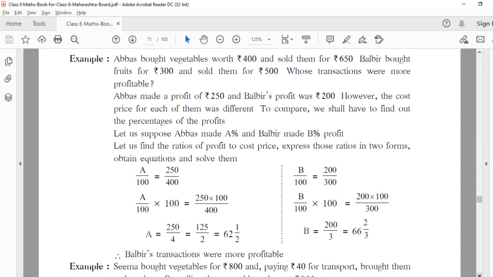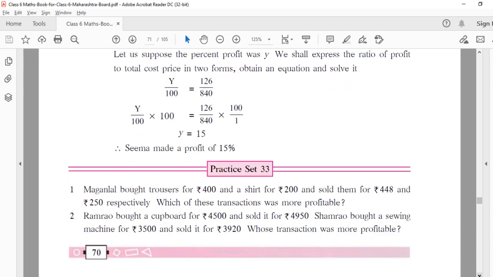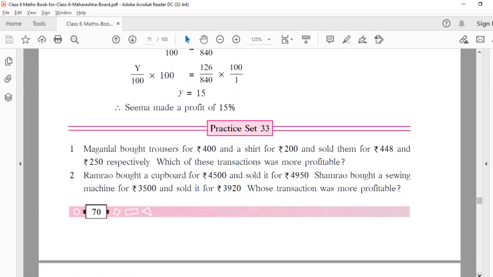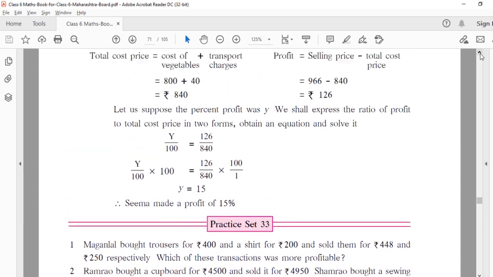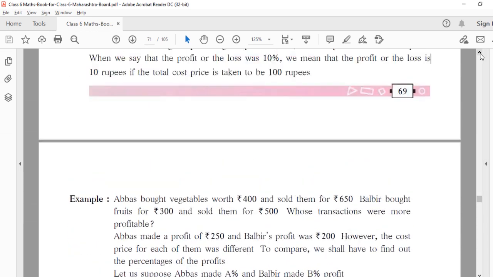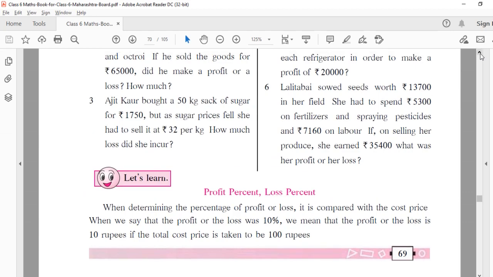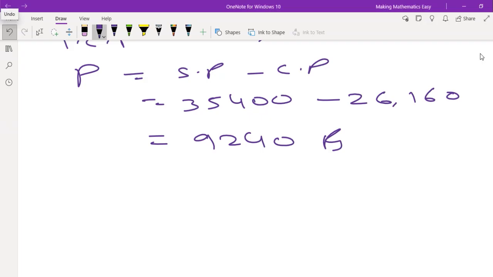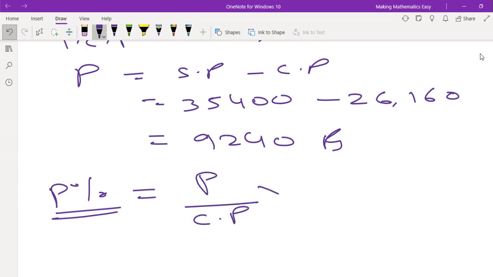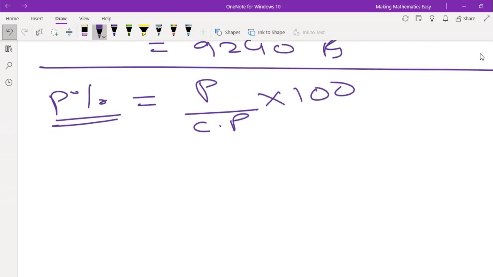So for your homework, I would like to give you two formulas, of profit percent and loss percentage, which you guys can make a note of somewhere in your textbook. If you have to find out how much profit percentage you made, the formula for that is profit divided by cost price into 100. This is the formula for profit percentage.